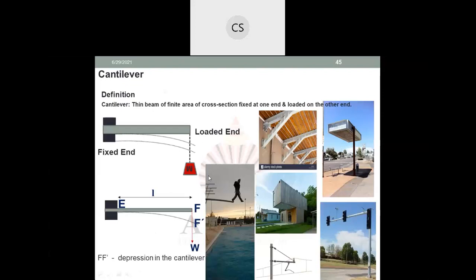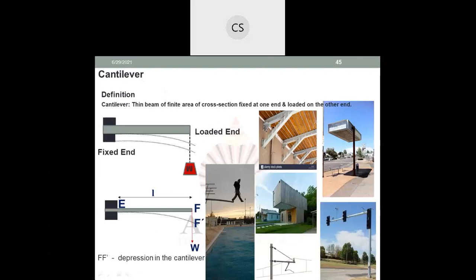We are going to see a particular case, that is cantilever. So what exactly is a cantilever? Just a few minutes before we have seen a thin beam of finite area of cross section fixed at one end and loaded at the other end.